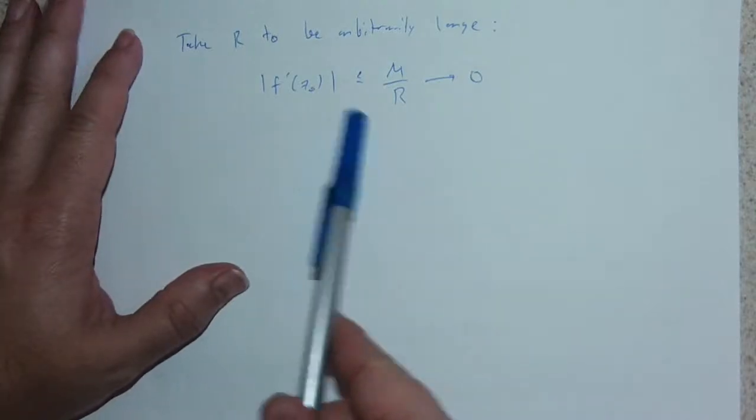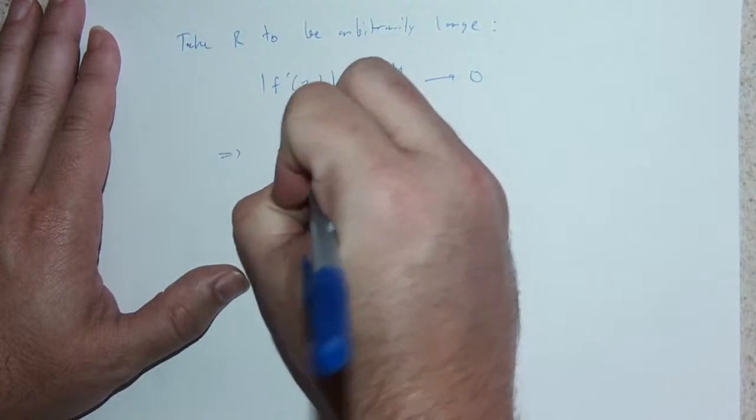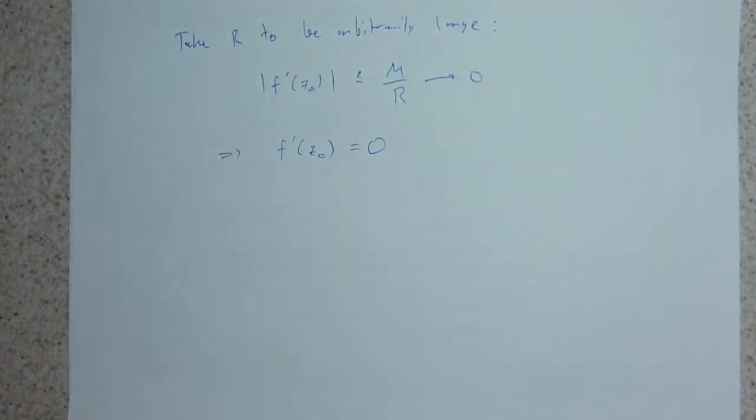So the only way this could be satisfied for any value of r here is if this thing is actually equal to 0. So f prime of z naught is actually equal to 0 here.